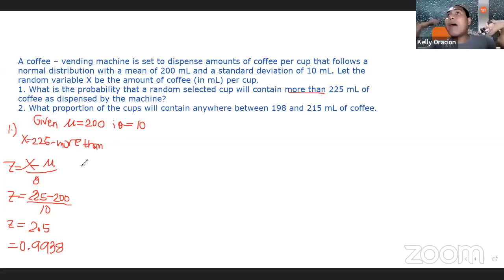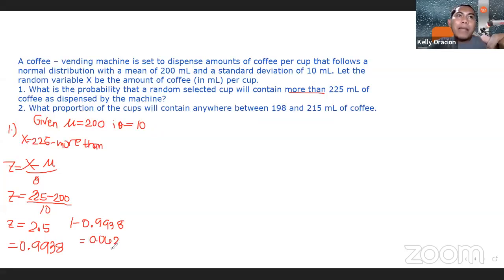And I gave you a technique or clue. Pag more than, you are going to subtract the tabular value from 1. And the result is, what is the result, Escueta? 0.0062 po. That is correct.